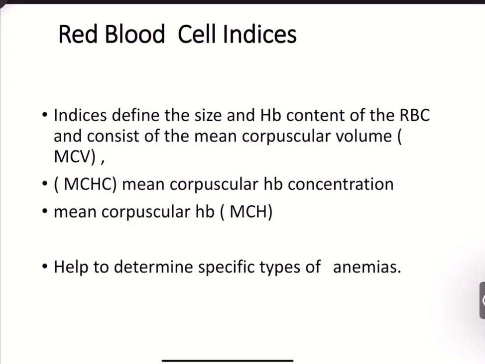For your MCV, it is the index that defines the size and hemoglobin content of your RBC. Your MCHC focuses on the hemoglobin concentration, while your mean corpuscular hemoglobin, or your MCH, same with your MCHC, correlates the hemoglobin concentration inside the RBC.